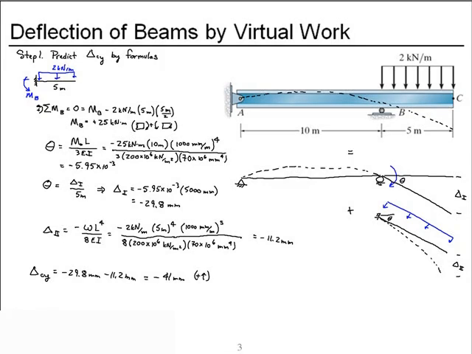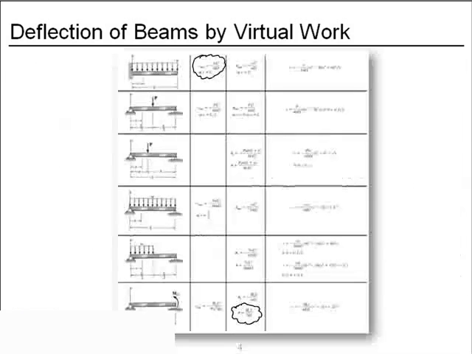And for this particular geometry, if we think creatively, we can use formulas in the front cover of our text to predict the deflection, and that's what we did. We used information for cantilever beams with uniform load and simply supported beams with a couple moment at the end.